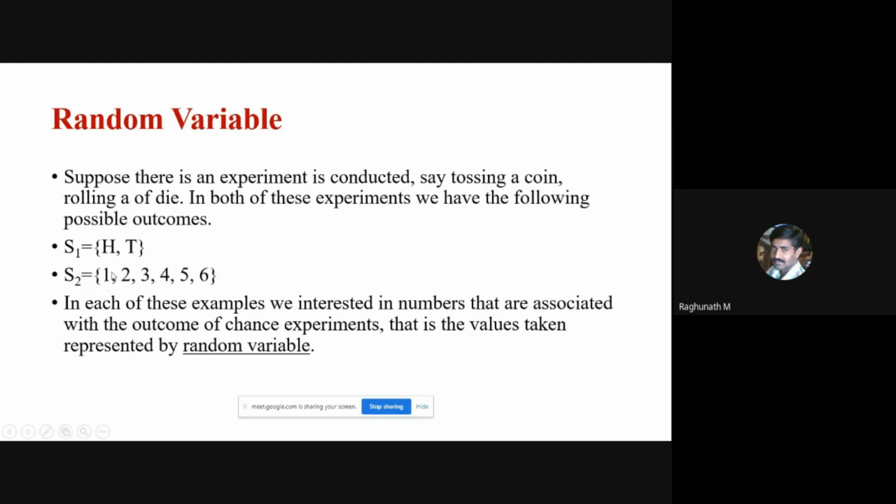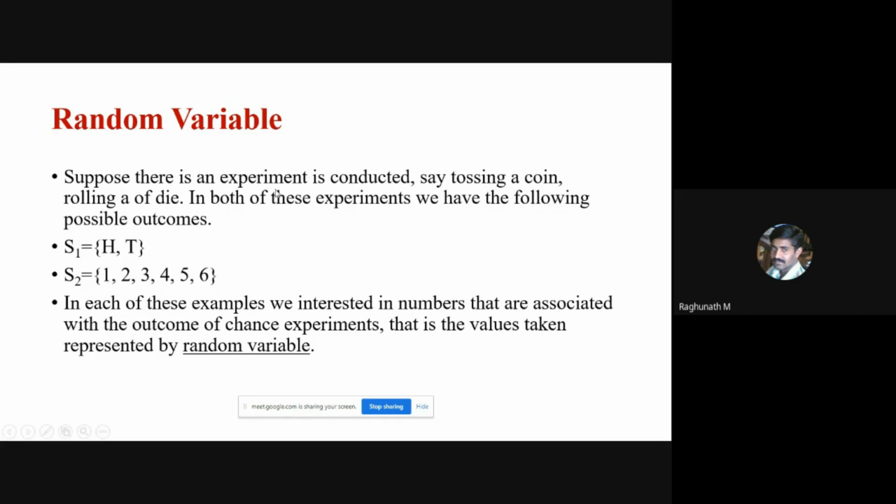For each of these elementary events, the probability of occurrence is equally likely. That means the probability of occurring 1, and the probability of occurring 2, 3, 4, each one has an equal chance. Totally there are 6 outcomes, and each one has a probability of 1 by 6.